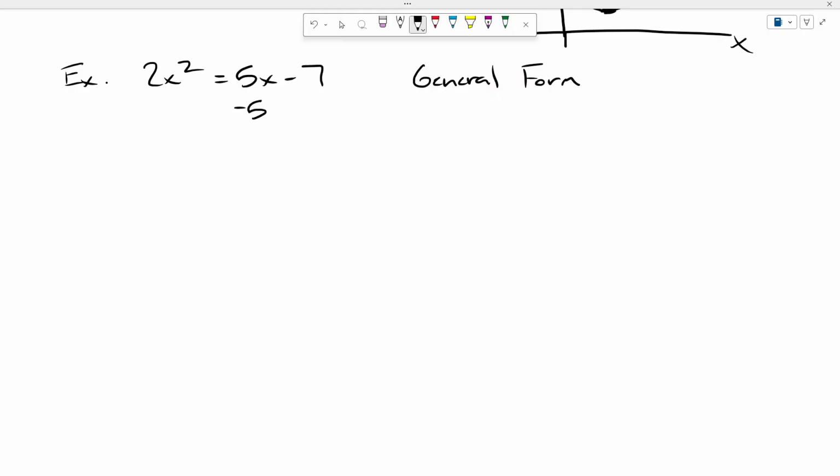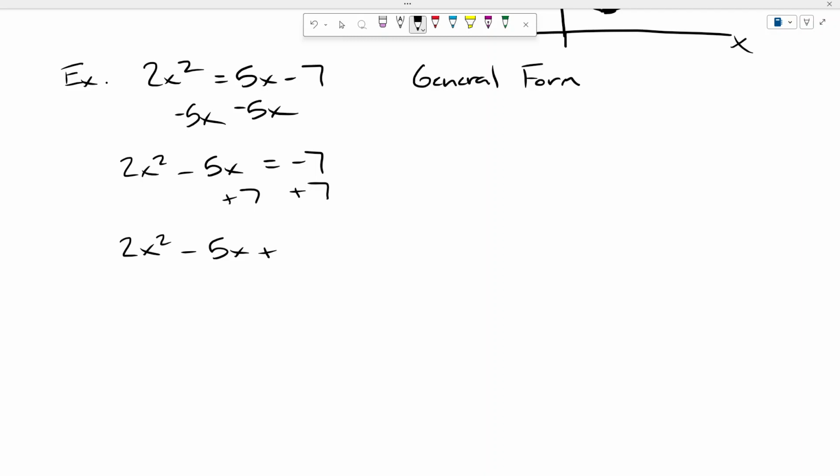So let's subtract the 5x over and then add the 7. Okay, so now we have it in general form.